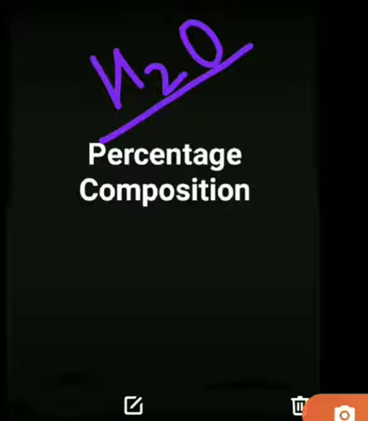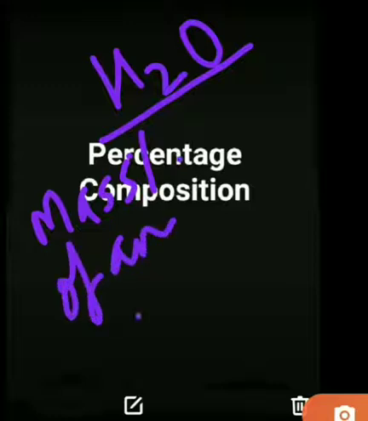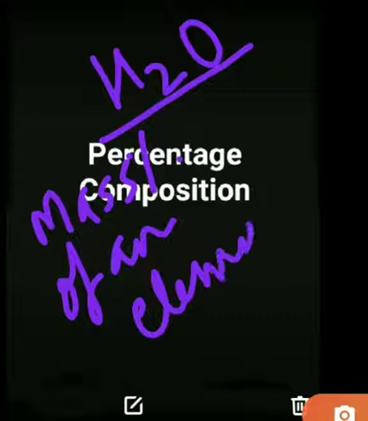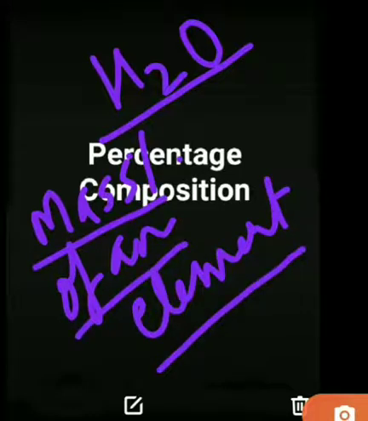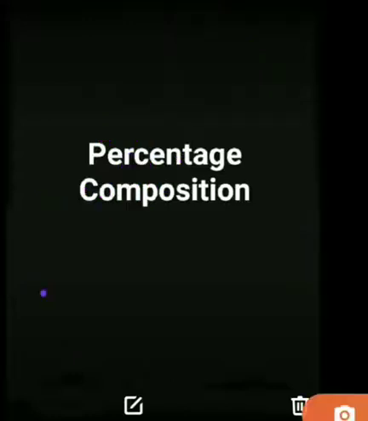Okay, so for this the formula is: mass percent of an element is equal to, what is it equal to?